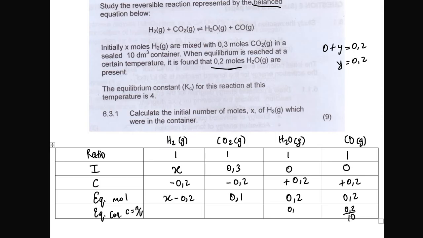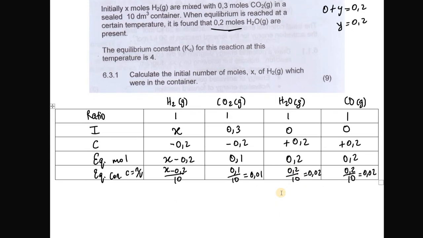You say 0.2 you divide by 10, 0.1 you divide by 10, x minus 0.2 you divide by 10. By the way, here the answer will be 0.01, here the answer will be 0.02, here the answer will be 0.02. Please write the answers.